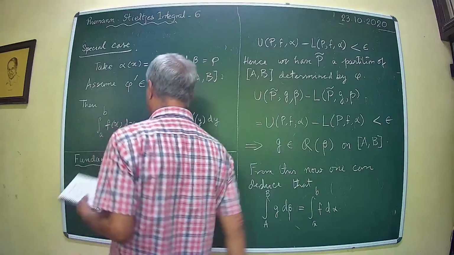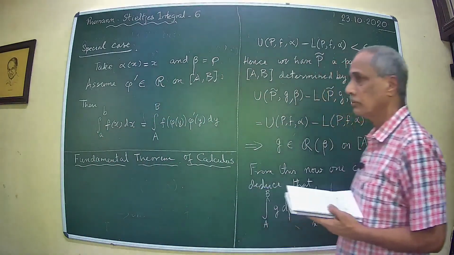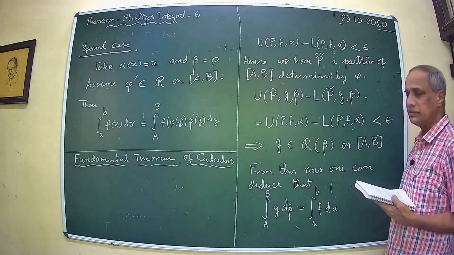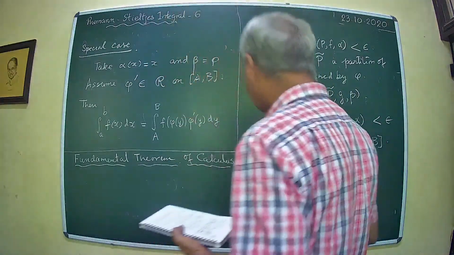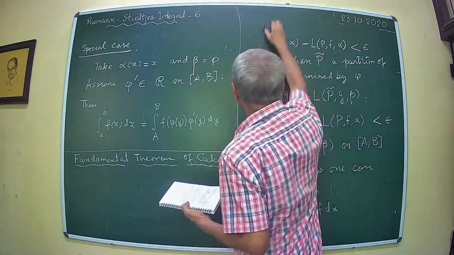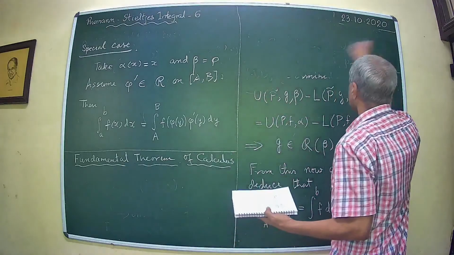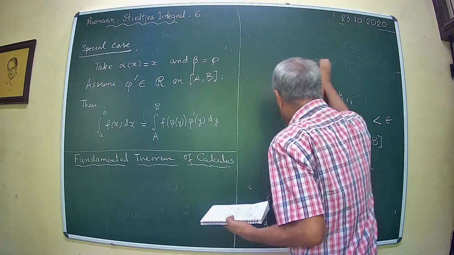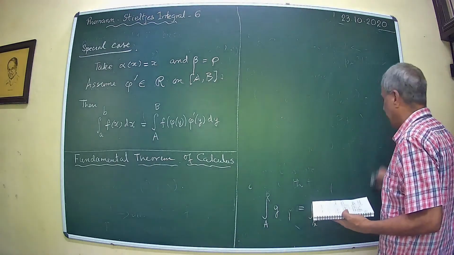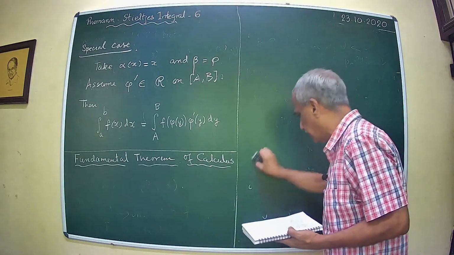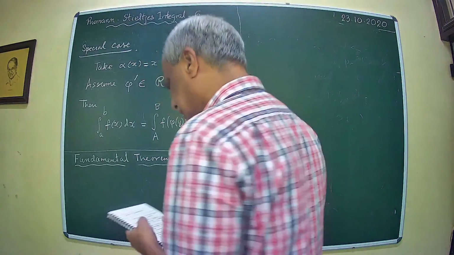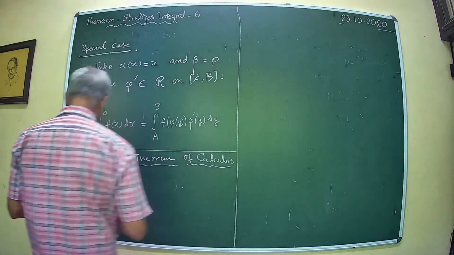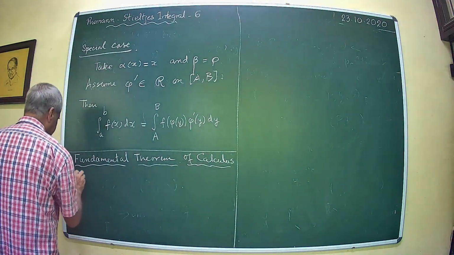This is for the ordinary Riemann integral, which we have elaborately considered in the last series of lectures. This is connected with what are called antiderivatives. We'll just quote the theorem, and this has been done very elaborately.